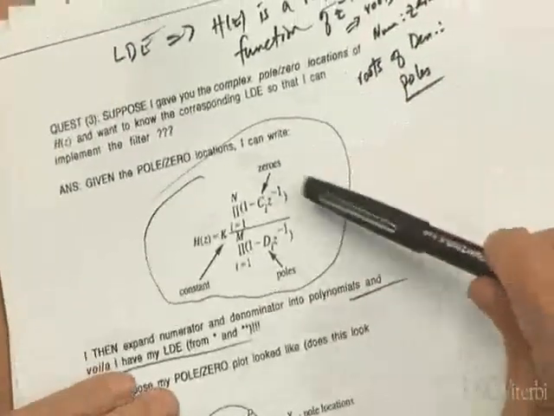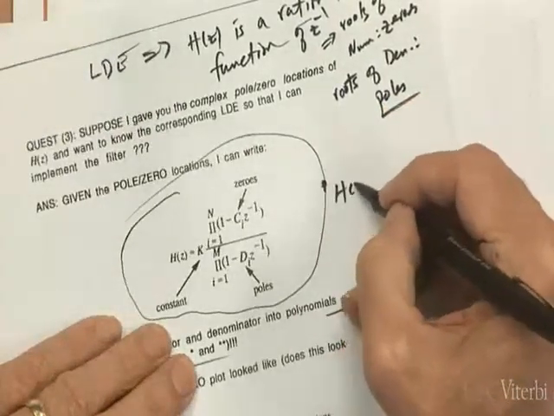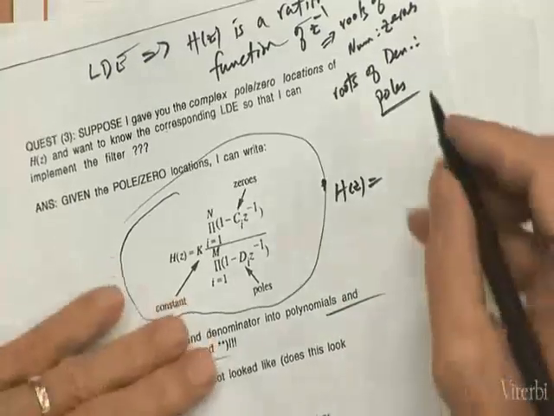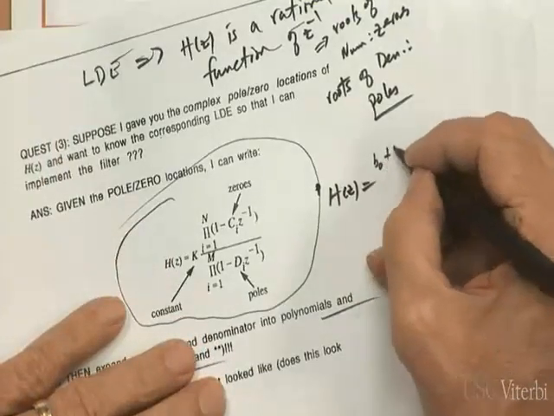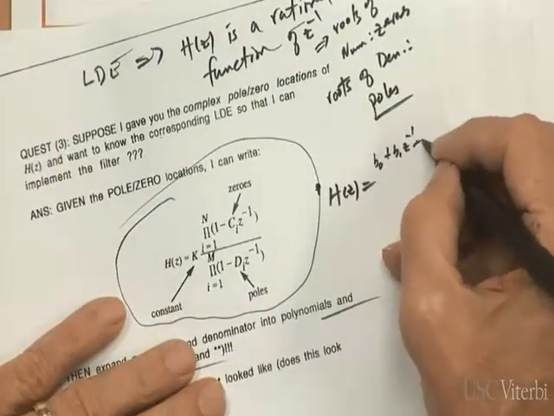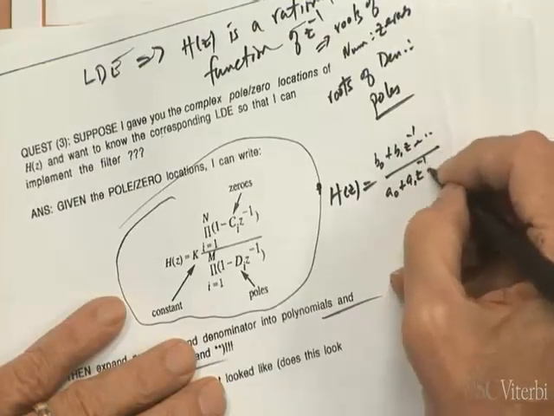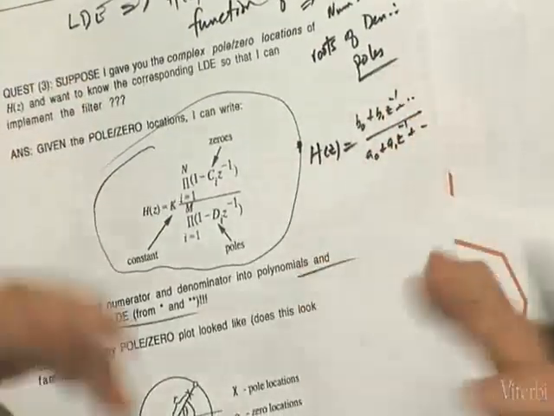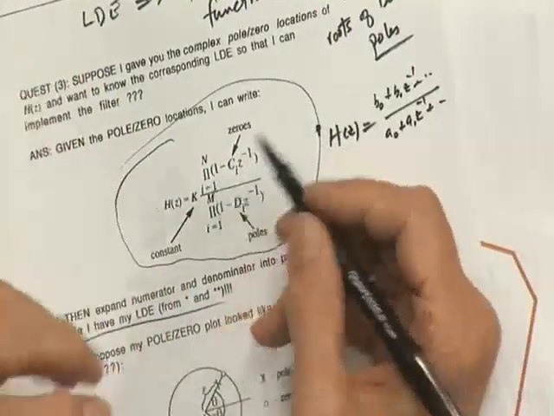So in other words, H of z for a linear difference equation is in the form that we just derived: b naught plus b1 z inverse plus dot dot dot over a naught plus a1 z inverse dot dot dot. So if I give you the poles and zeros of this, you can write both numerator and denominator in factored form involving z inverse, see? So that's what I mean.